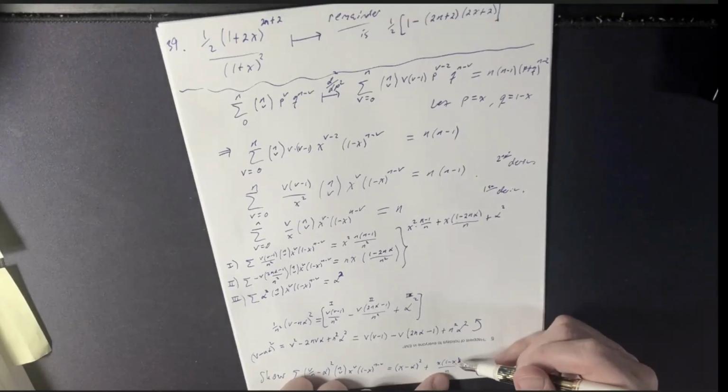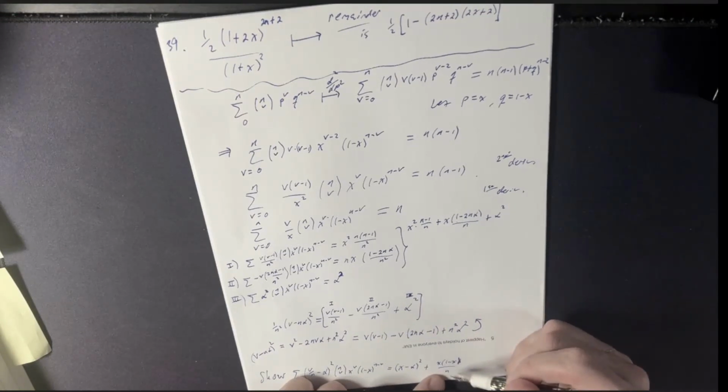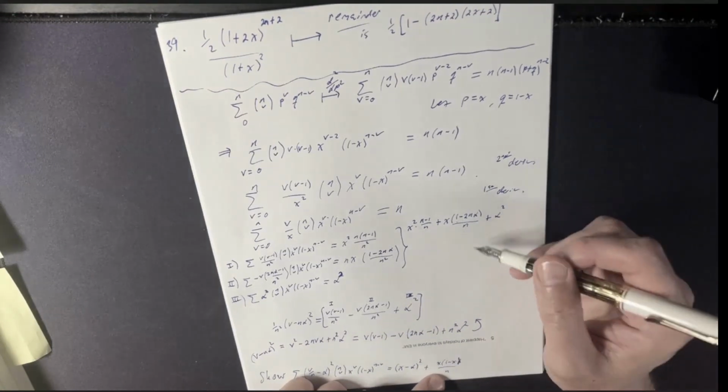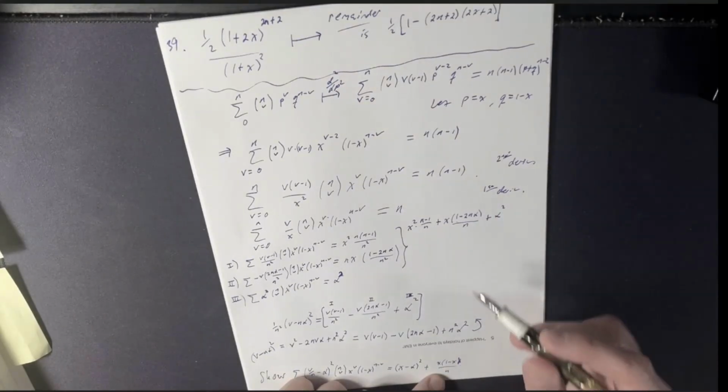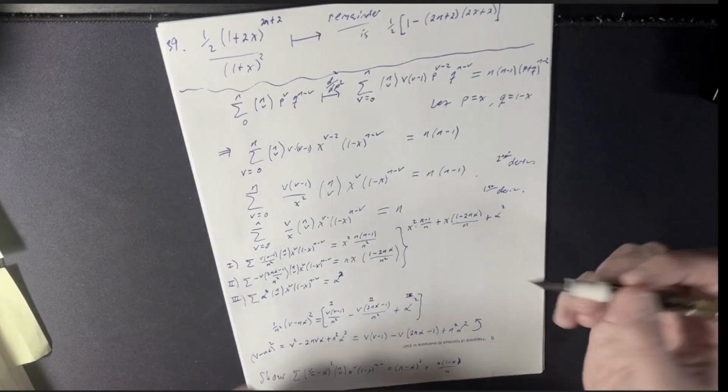He's got like a minus x over n. Well, he's also got an x over n. Oh, minus x squared over n, excuse me. Hey, oh yeah, we have that too. All right.